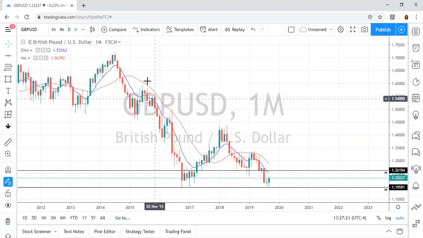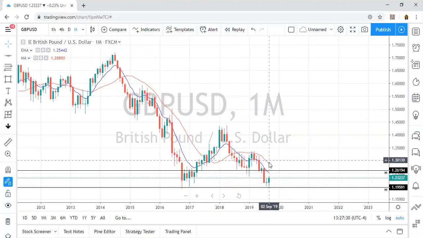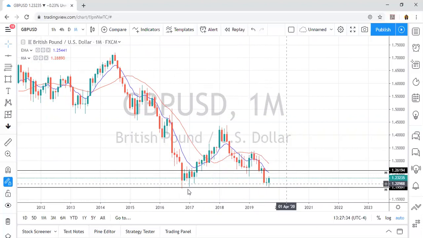Now just using my moving averages, okay, I do have my red line over my blue line, and that means that we're overall on a downtrend. However, I do see here where we have our support, and support.